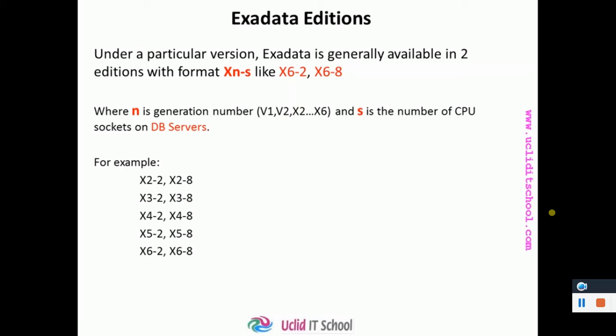Exadata is also available in two editions. The general format is X N-S, where N stands for the version or generation number, and S stands for the number of CPU sockets on the database servers.